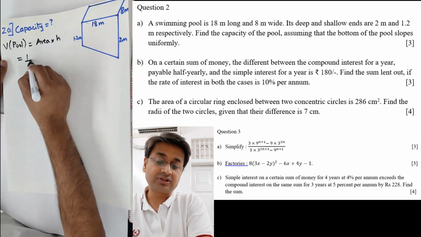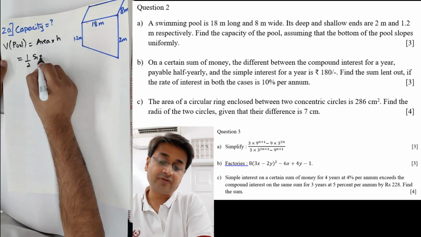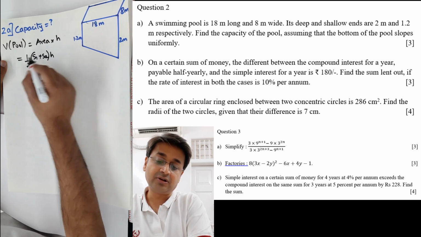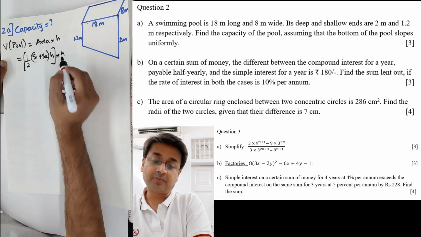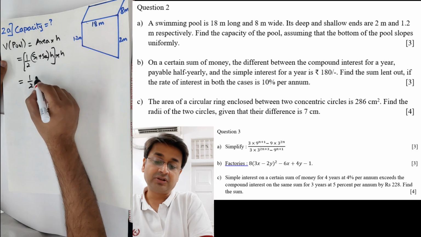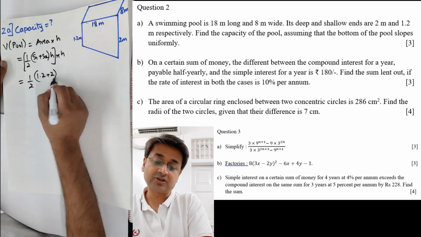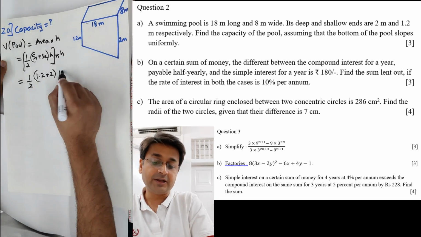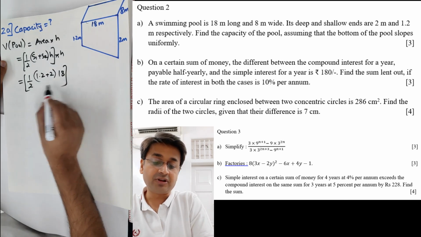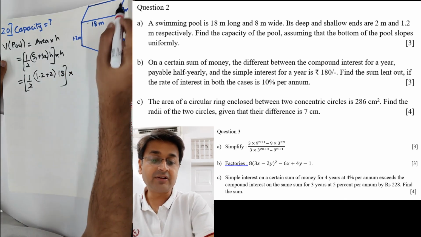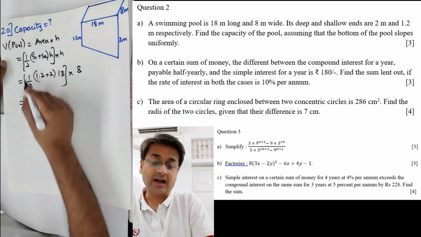So area of the cross section, it's a trapezium, so half into sum of the parallel sides into height, and multiplied by the height again. So this is going to be half into 1.2 plus 2, and the height being 18. This is only for the trapezium, into the height, which is 8, to get the entire swimming pool.